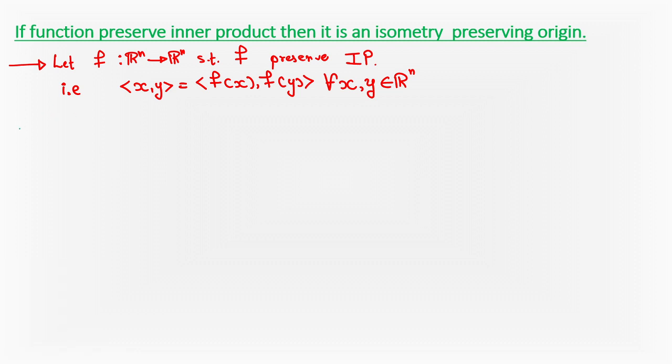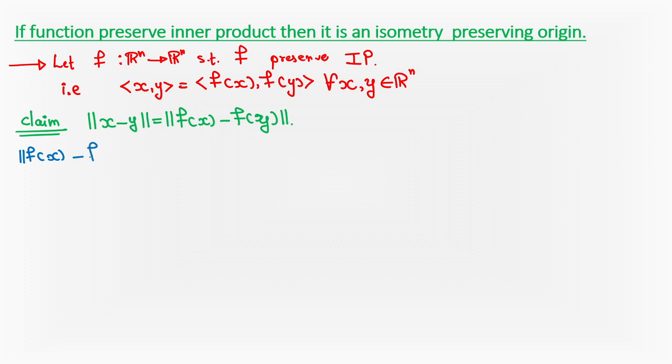My first claim is to prove that it preserves the distance. That means the norm of x minus y must be the same as the norm of f of x minus f of y. I need to prove this to prove it is an isometry, and this is for any x and y. So we start with the norm of f of x minus f of y, the square.